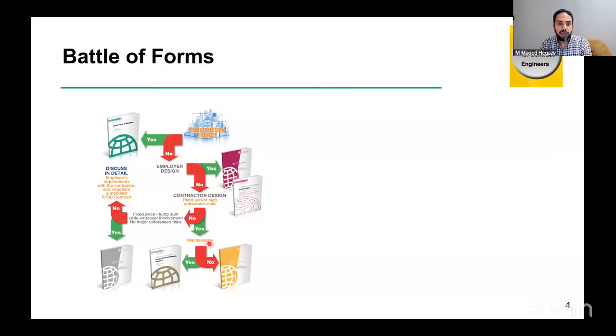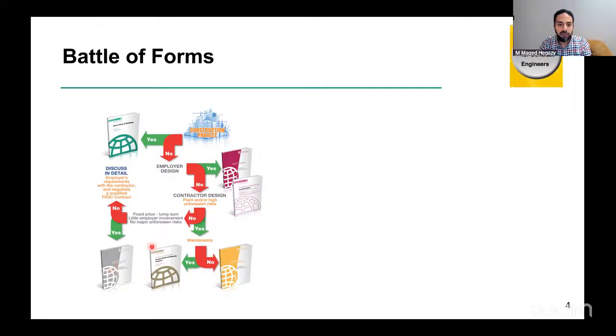We have also the short form, the Green Book, for short duration and small amounts, and the Silver Book, which they call EPC, and this Silver Book is without an engineer.